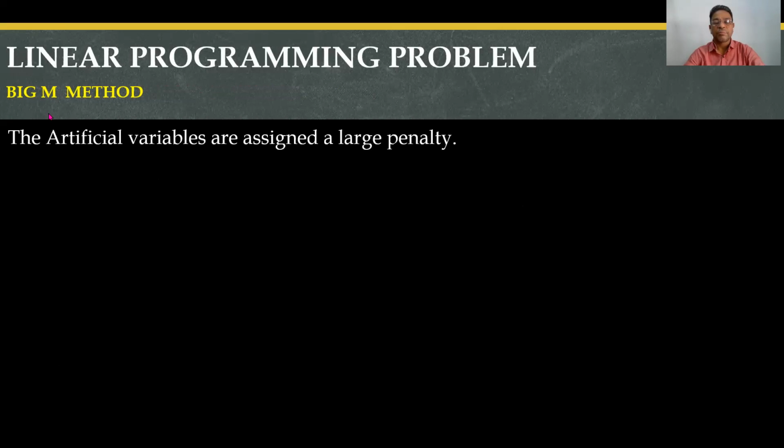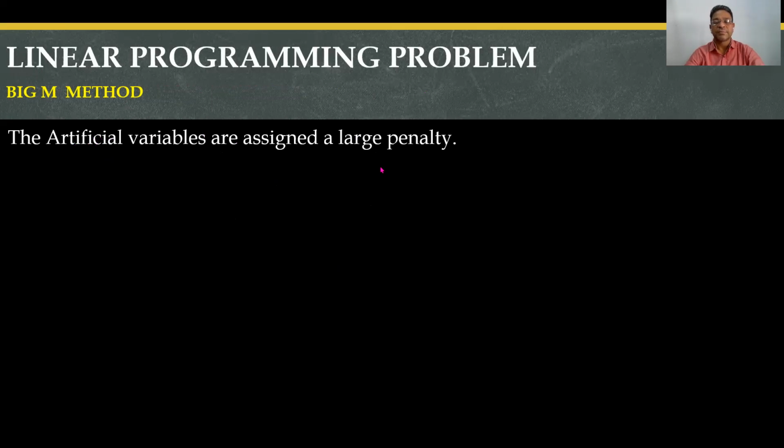We'll see what the big M method is, so that we'll have an idea of how to solve using the big M method. The artificial variables, that is A1 or A2, that we are forced to put in the solution, are assigned some penalty.